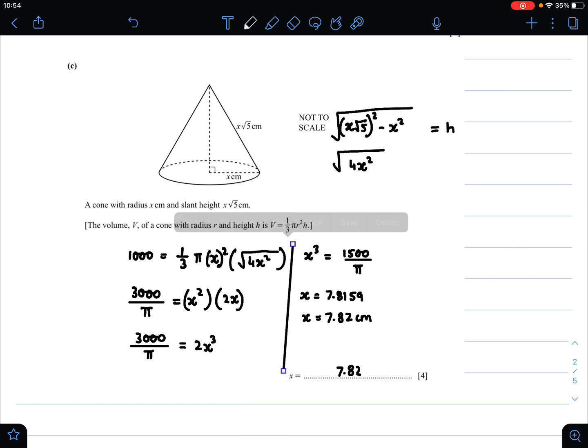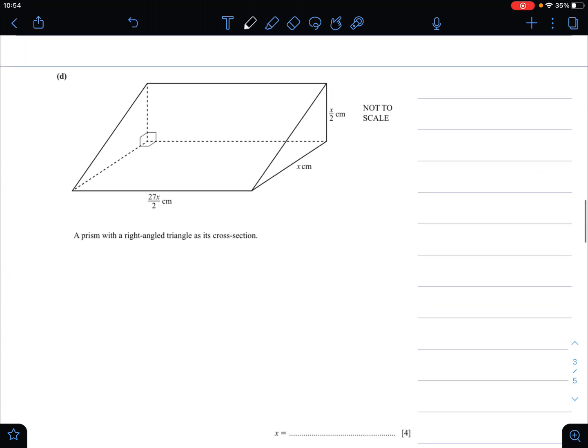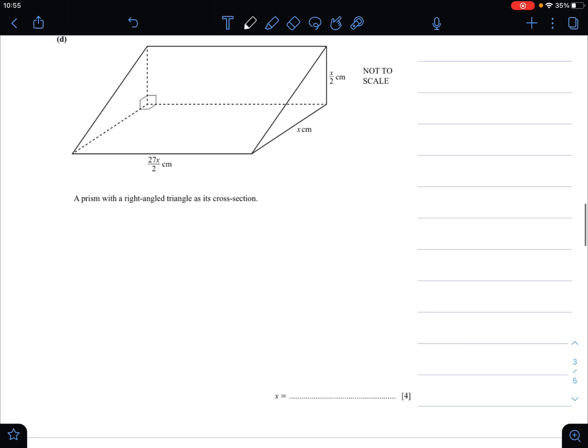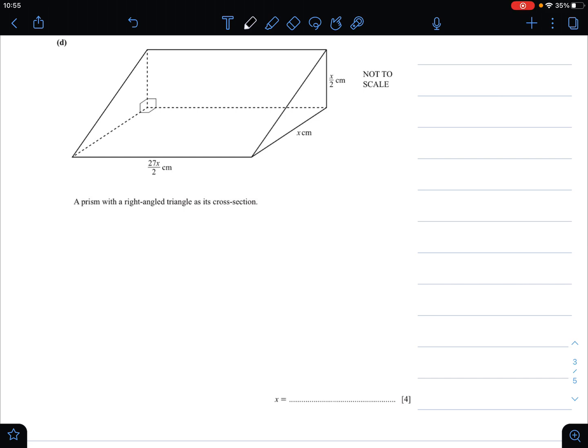So for part D, they are telling us that a prism has a right angle triangle as its cross section. Now the volume formula for the prism would be the area of the base into the height. Now in a prism, the triangular side is usually the base.